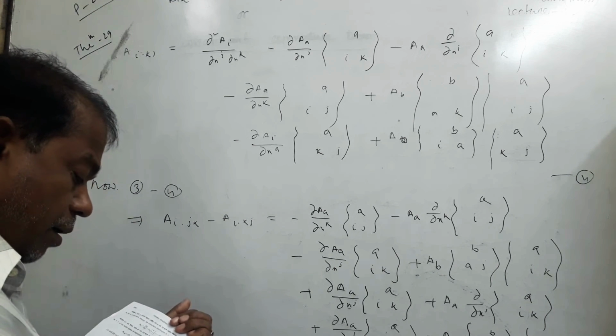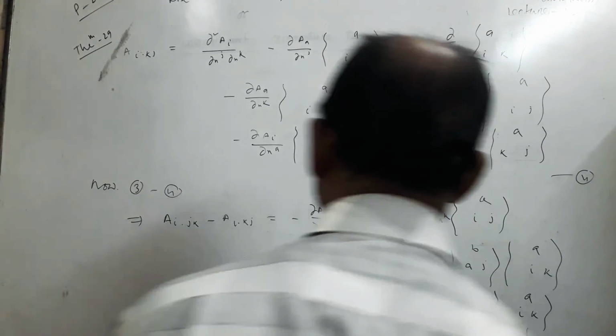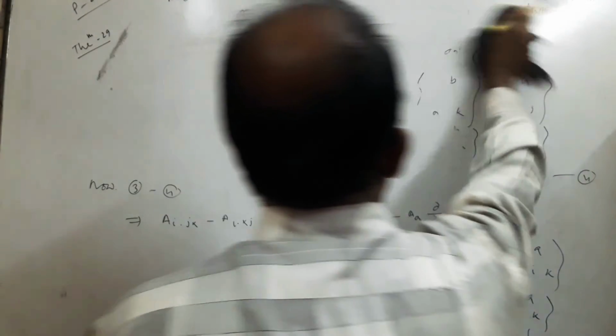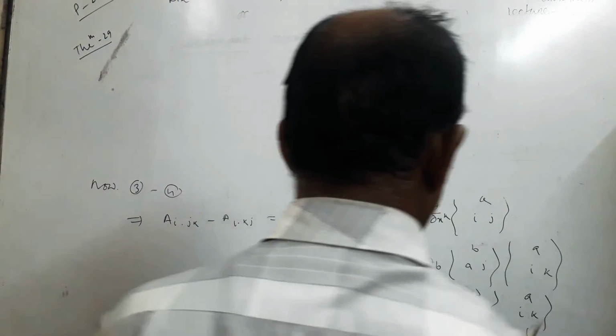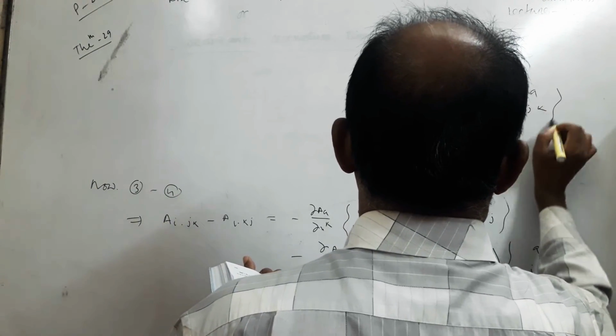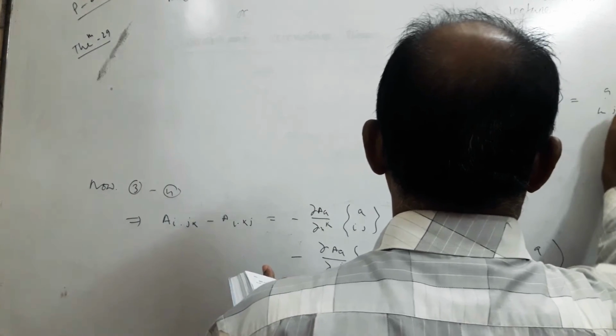That's the formula of a j k, equal to this is the formula of a k j, right?